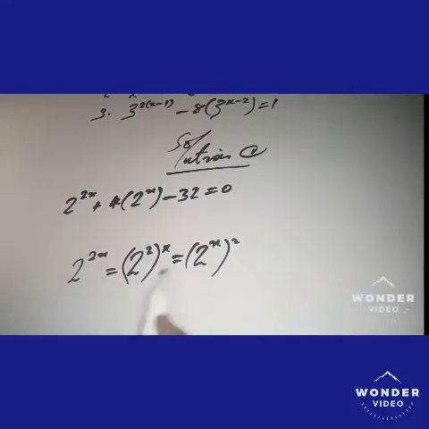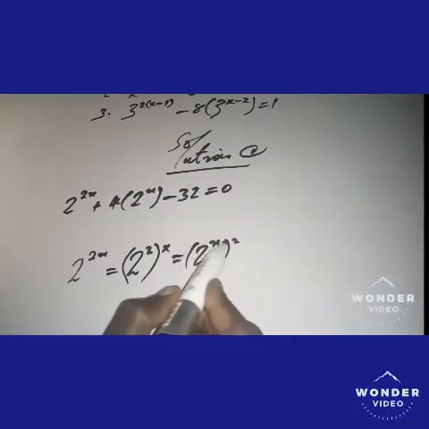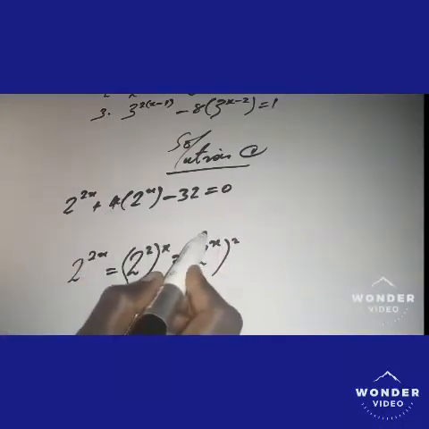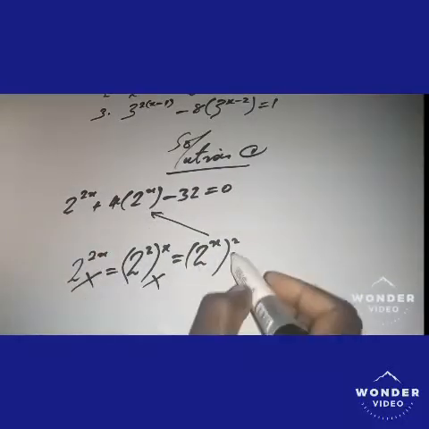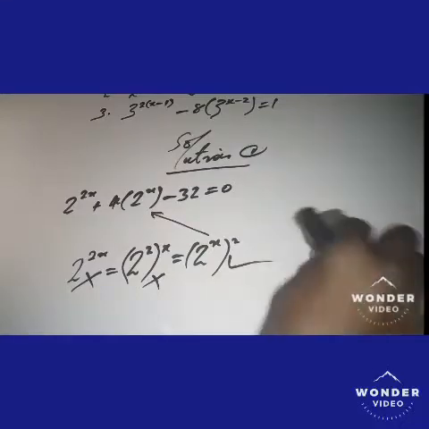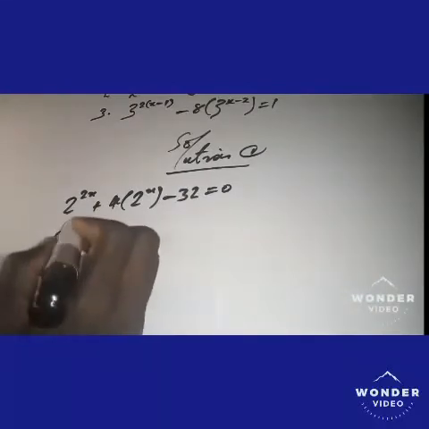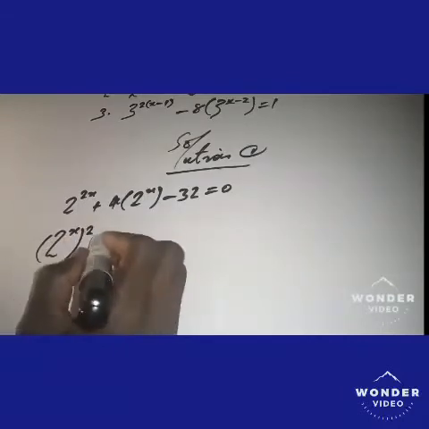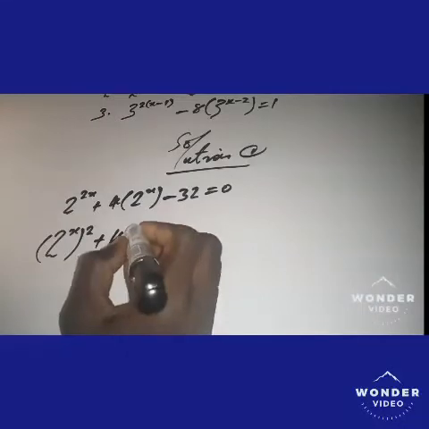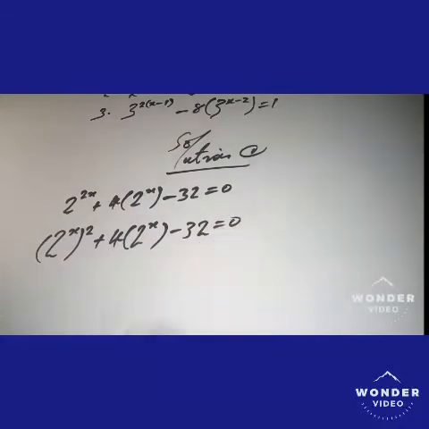The only one that tallies with the exponential function in x that we have in the equation is the second. So we scrap the first and pick this, so that the second line will give us 2 to the power of x, then to the power of 2, plus 4 into 2 to the power of x, minus 32 equals 0.